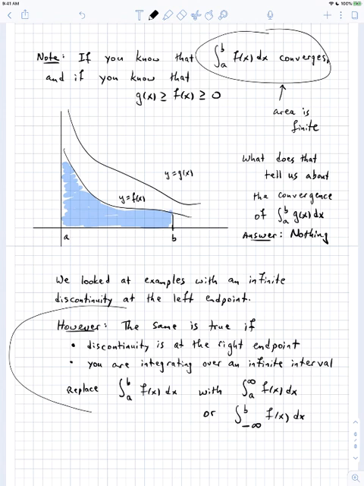So even though I only illustrated it with one specific type of improper integral, the same is true for the other types. And that is the comparison theorem for improper integrals.